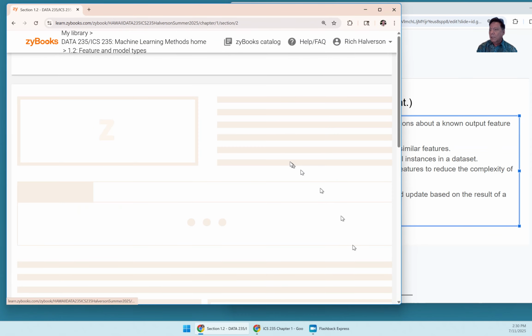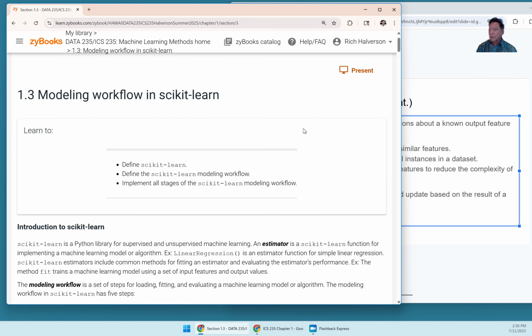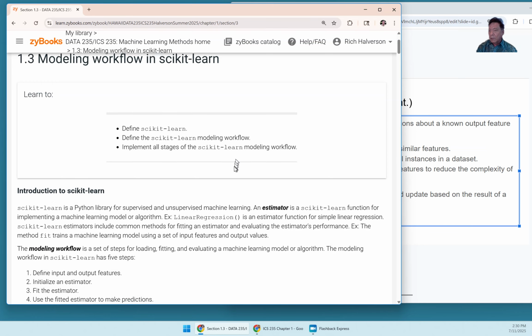All right, section 1.3 is probably the most important section because it introduces you to scikit-learn, which is what we're going to be using to learn about machine learning and do machine learning problems and so on.